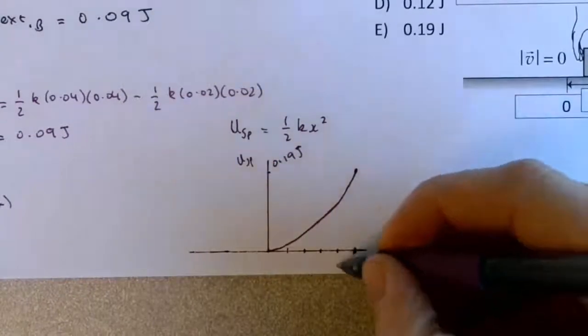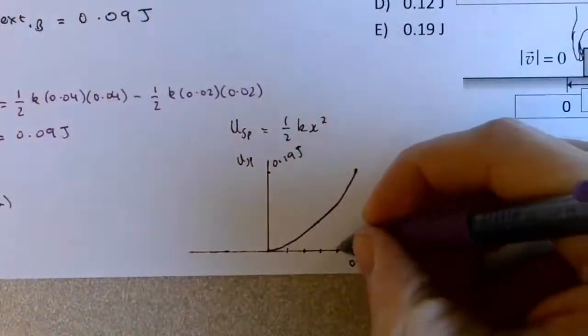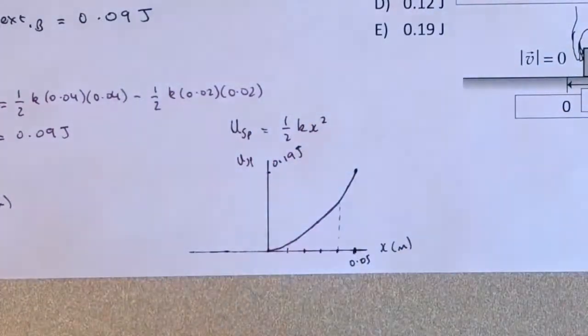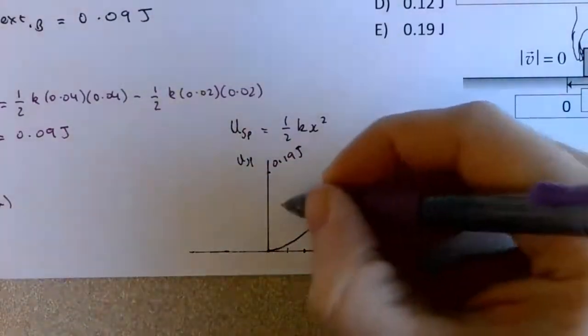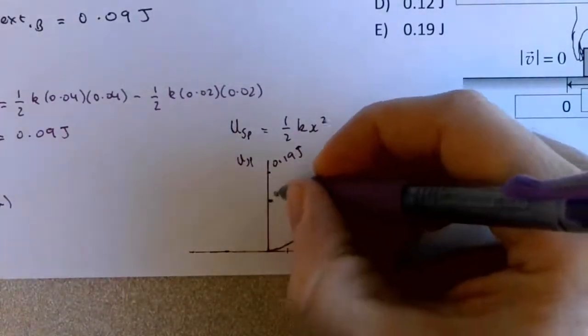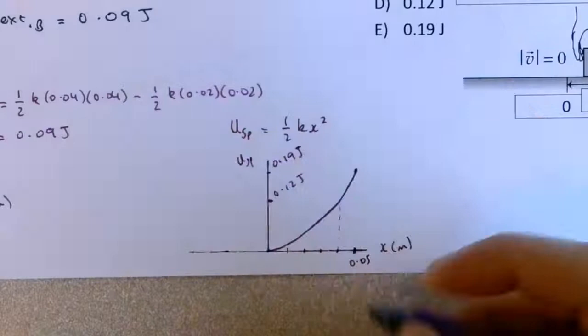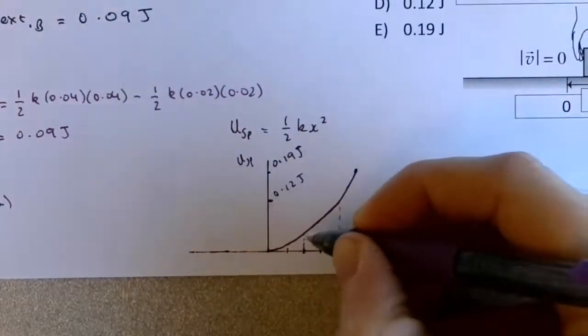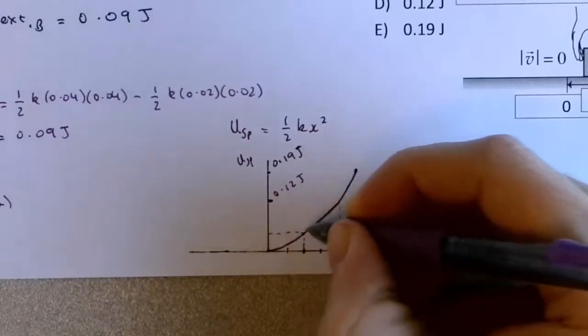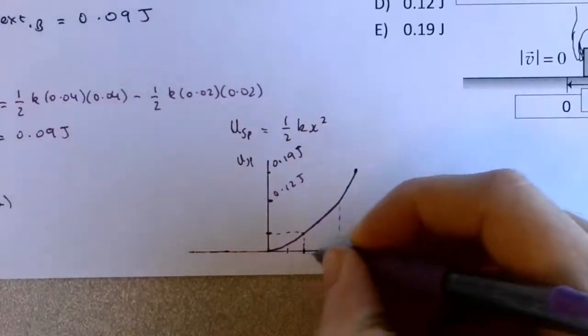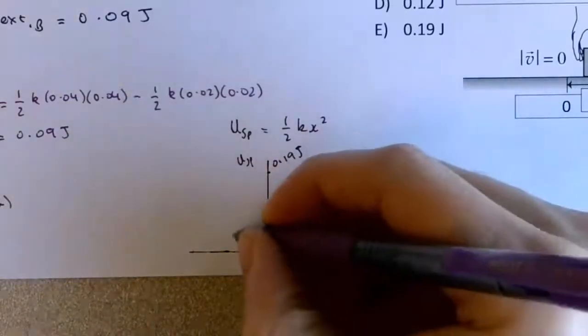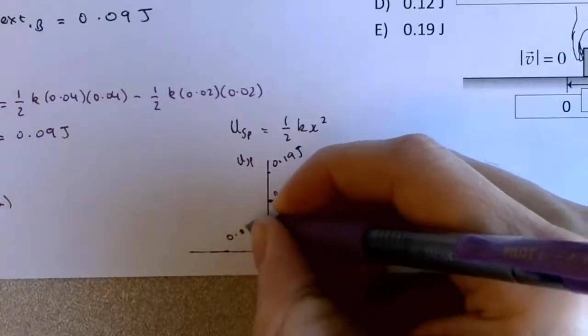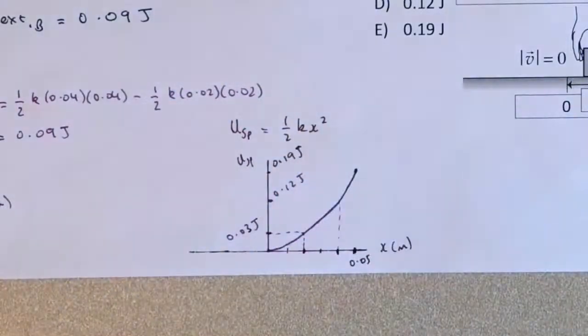Now what you find if you calculate it for 0.04, the potential energy stored in the spring is 0.12 joules for the 4, and the energy stored at 2, when it's compressed to 2, is 0.03 joules.